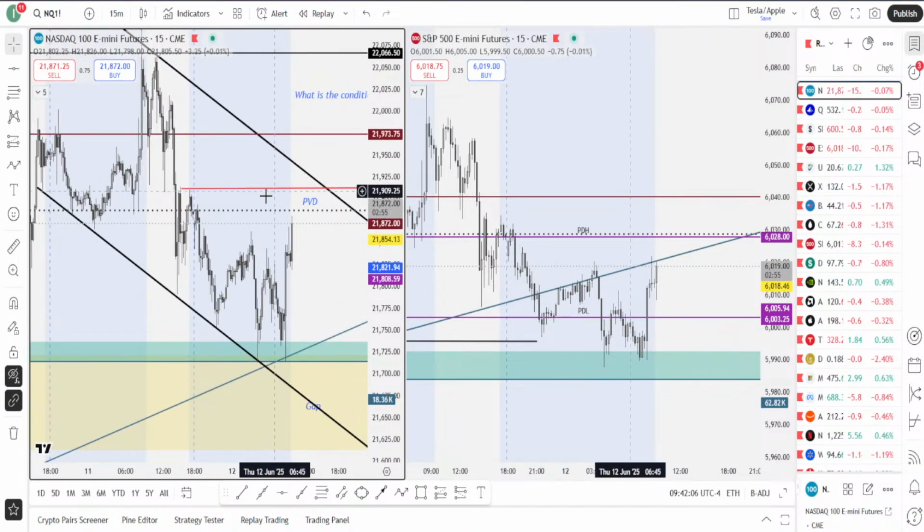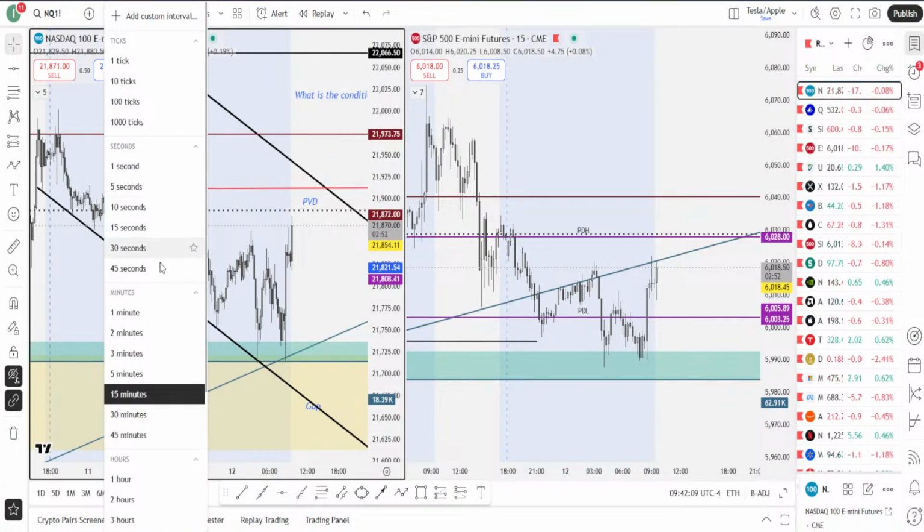I think that's about it from what I can see on the QQQs or the Nasdaq.